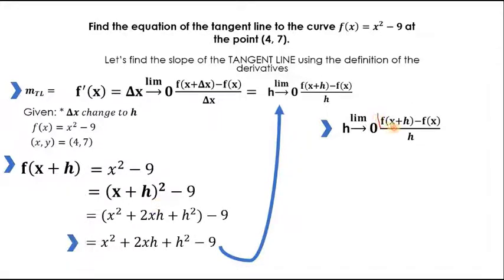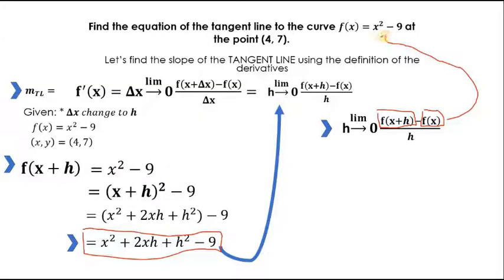Do I have this one already? Yes. I have that one, which is this one that I simplified earlier. Do I have my f of x already? Yes. I have that one as the original function. Just substitute.